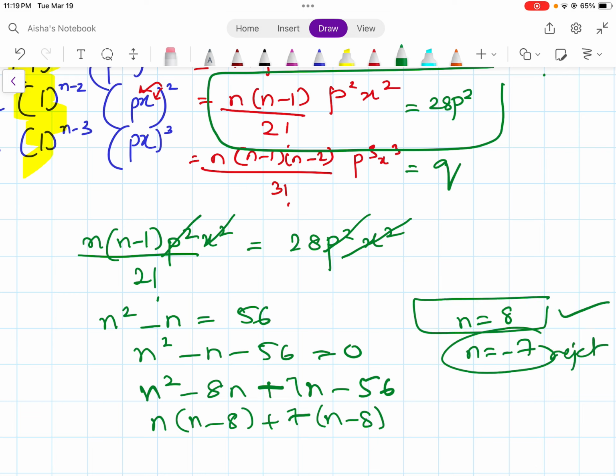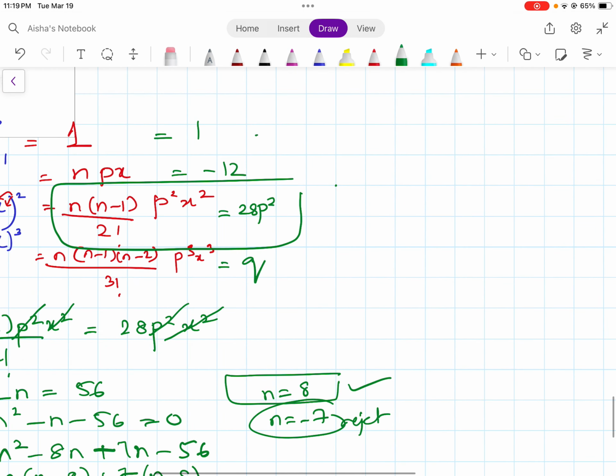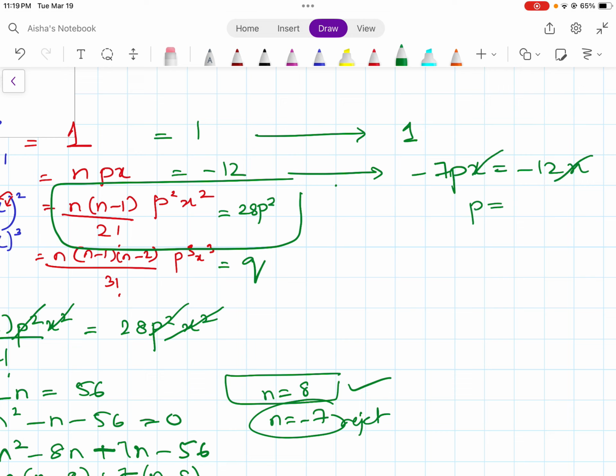Rejected, because n has to be a positive value. Now, plugging in the value of n, we will get minus 7px equals minus 12x. x cancels out. Value of n is 8, my bad.